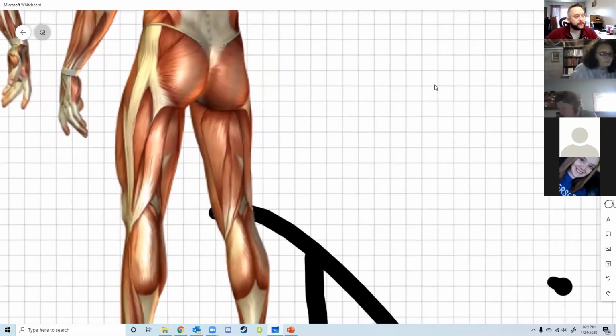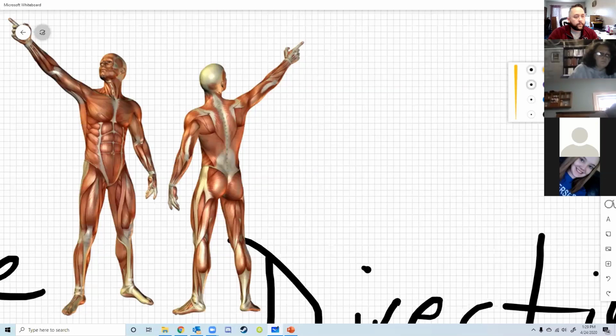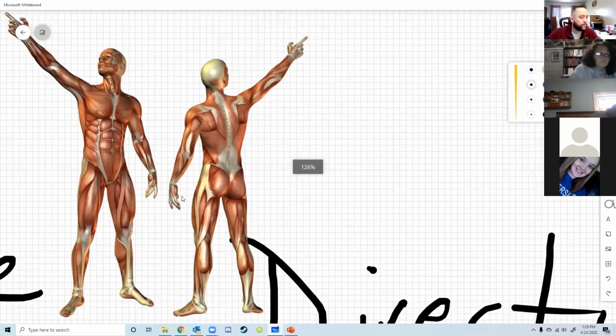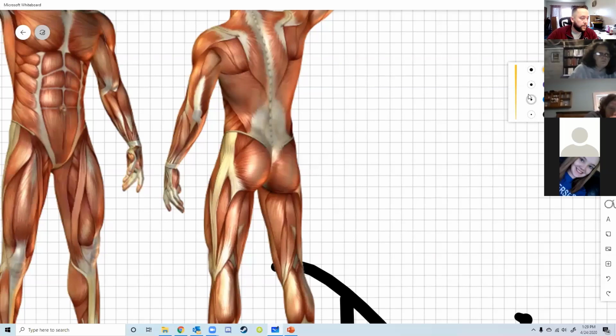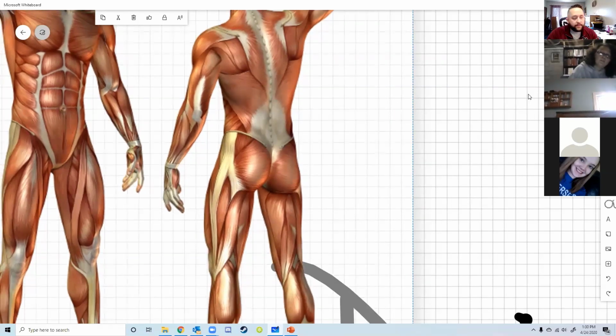What I mean by origin and insertion is like this muscle right here. It might originate underneath the layers of this muscle and it's inserted here, meaning it has a little bit different structure on this end. So you got origin and like the beginning and the end of a muscle.